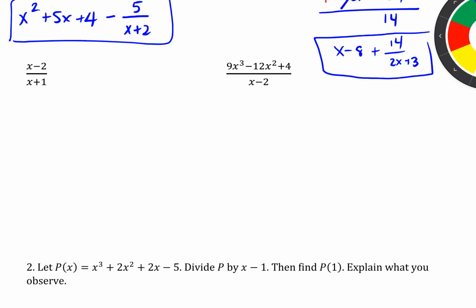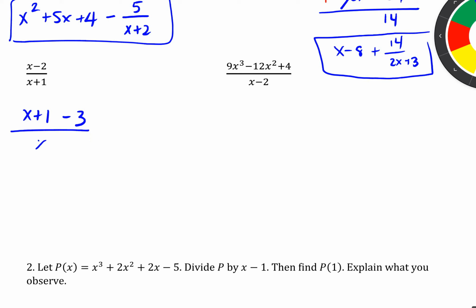For the next one, if you understood what I was doing in the exercises when we did the inspection method, you should be able to use inspection here. So essentially for inspection, I'm going to change this to x plus 1 and then add whatever I want to add to 1 to make back negative 2. So negative 3. 1 minus 3 makes negative 2.